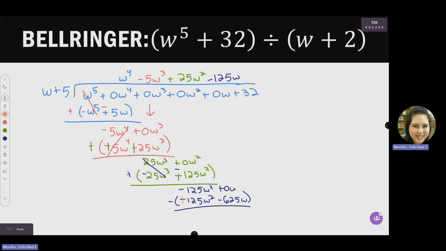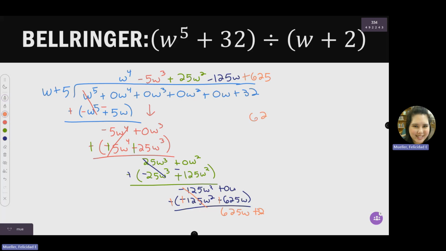So this becomes a plus, plus, plus, cancels out, and we're left with positive 625w. Bring down the plus 32. This time I'm going to multiply, this is going to be a big number, multiply by positive 625. And I'm going to have to work it out over here.